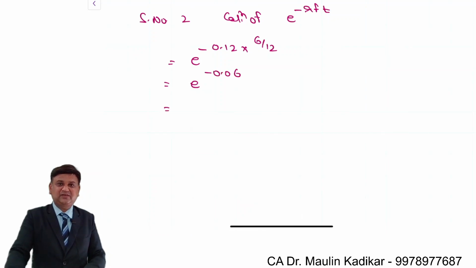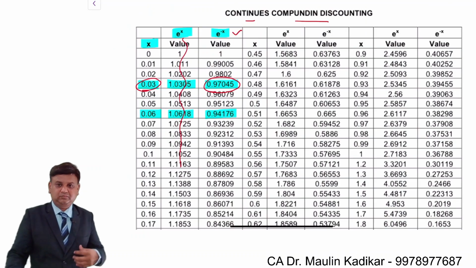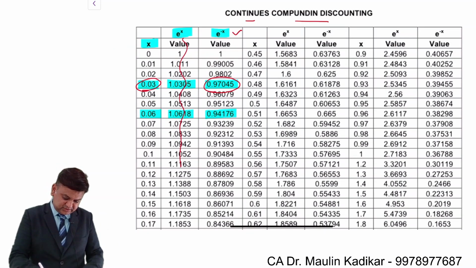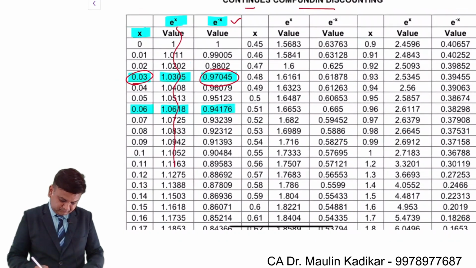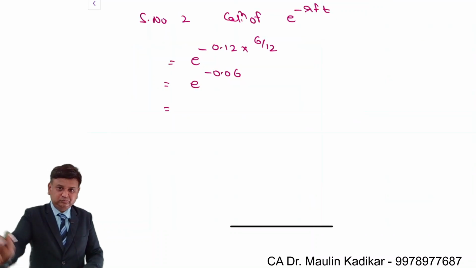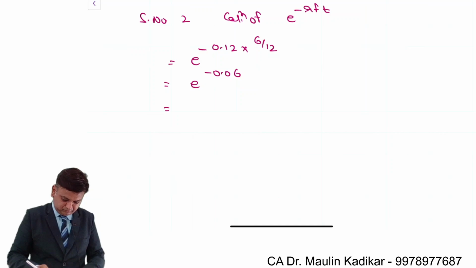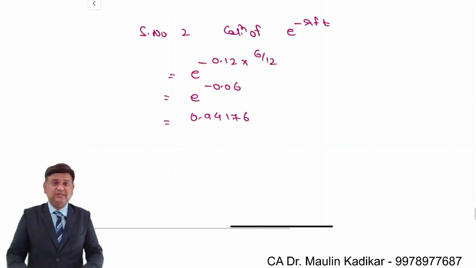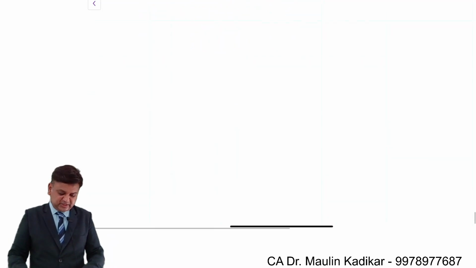That is the way the e factor will be found. So the answer is 0.94176. That is step number 2, e raised to negative RF into t.